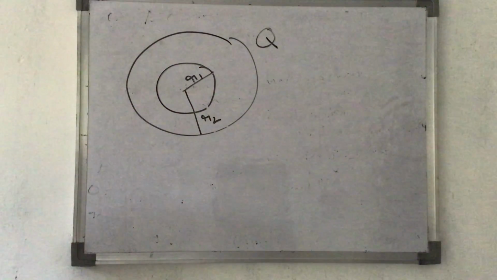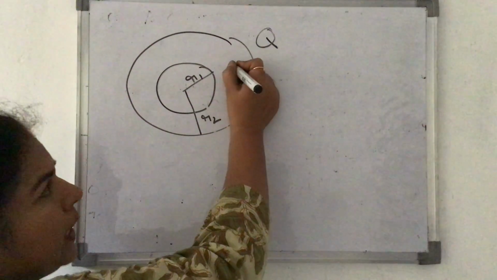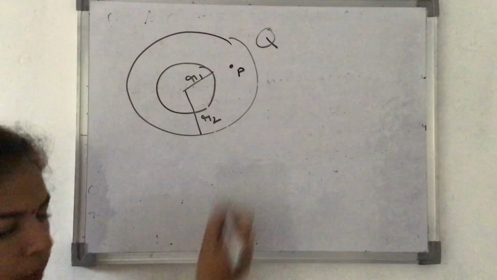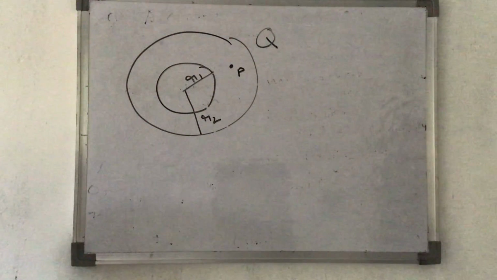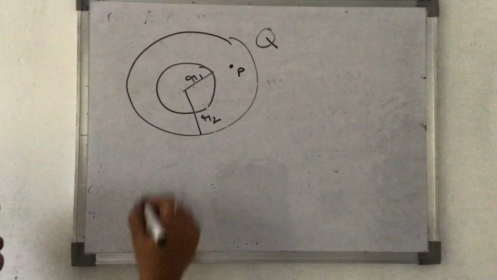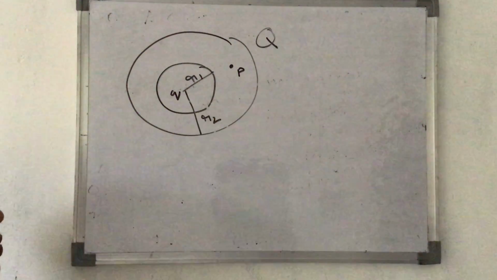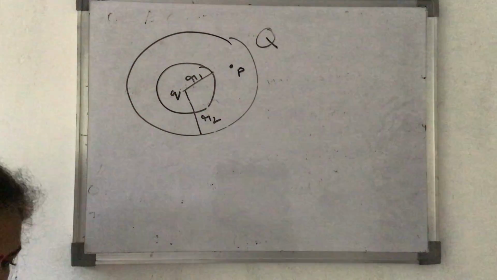Now you have to find out the electric field at this point P. I repeat, this is a spherical shell.